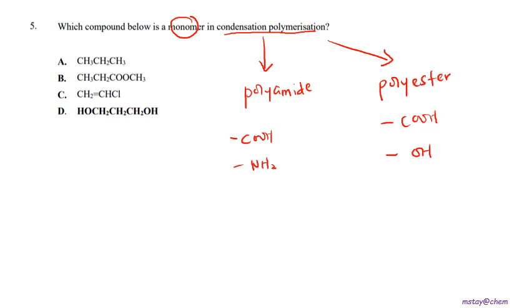Option A is a carbon-carbon single bond. Option B already consists of the ester, and option C consists of a carbon-carbon double bond, while option D we have the hydroxyl group. So among these four, obviously D is the one nearest to the answer.